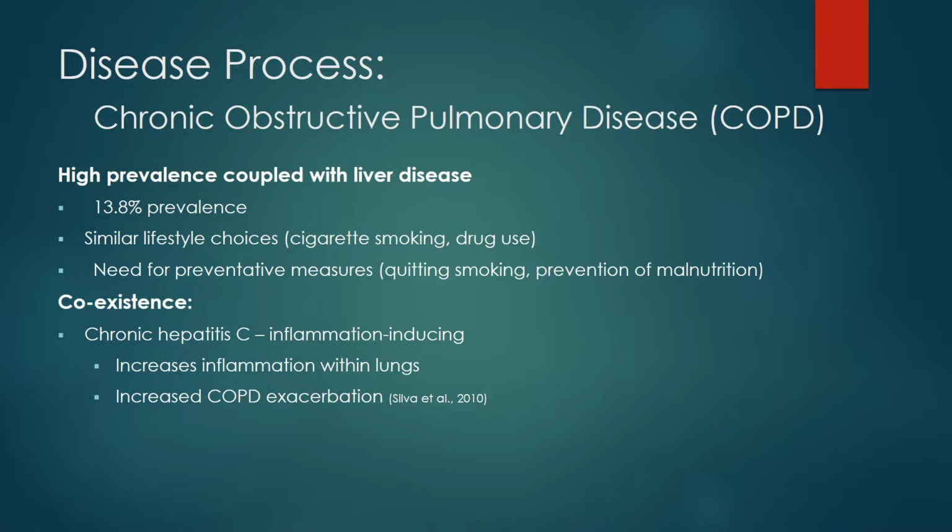It also increases the chances of COPD exacerbation. They do exist together, and hepatitis C is often very damaging and induces COPD flare-ups in patients with both hep C and COPD.